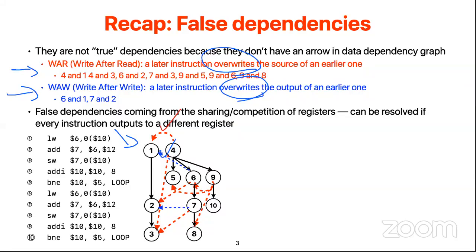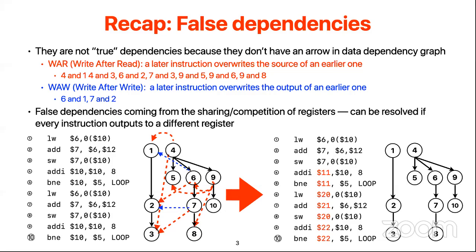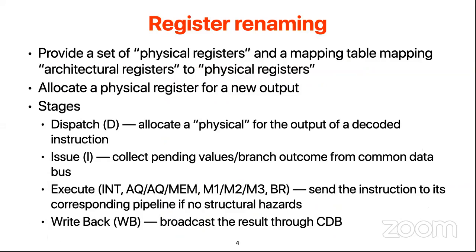But if you look at the scheduling, what if you change the policy a little bit, and give each instruction a new output register? Then all the false dependencies will be eliminated. That comes up with the idea called register renaming.